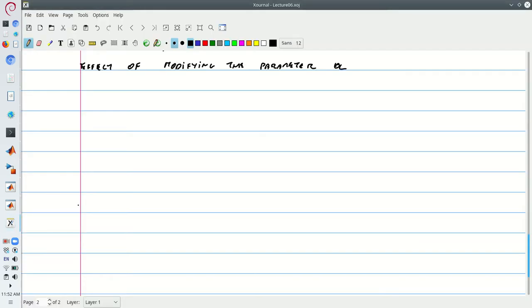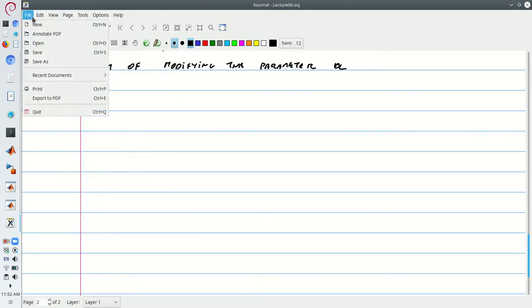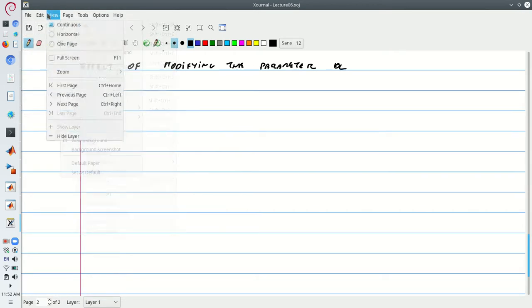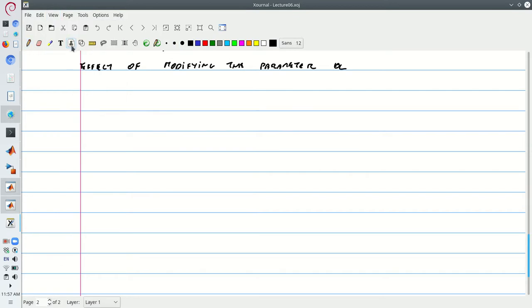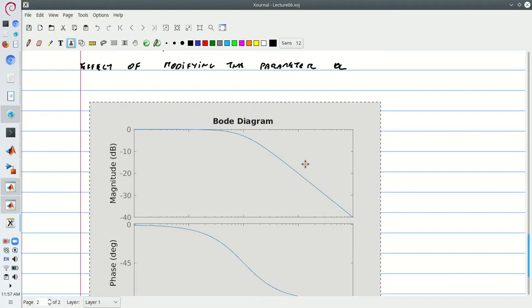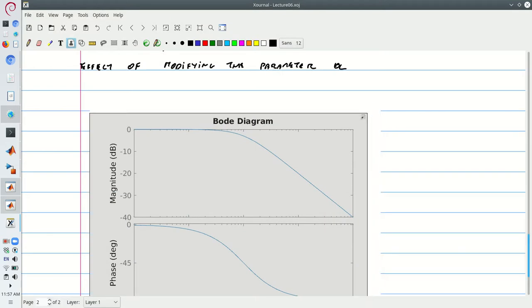So let's go back to my notes, and let's see if I can include a figure. Here is how you can add a figure. In the meantime, I have converted the PDFs into a PNG, and so this is the one with the parameter a equal to minus 1 that we can import.